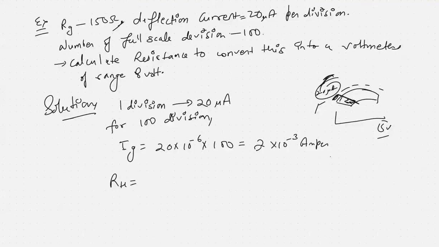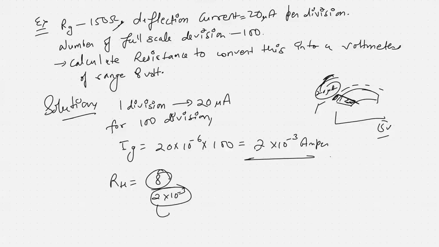The voltage is already given, 8 volt. So R is 8 volt divided by IG, which is 2 into 10 to the power minus 3, minus Rg. For the maximum voltage, just take the maximum current.